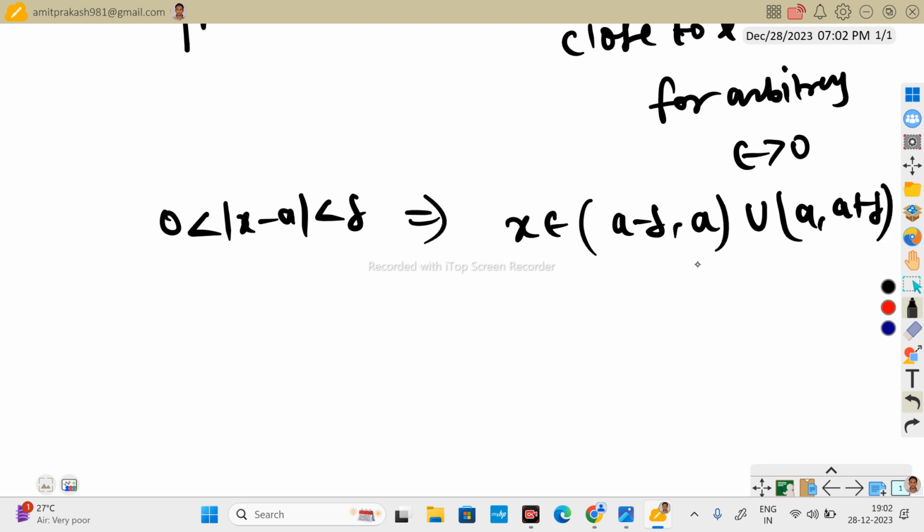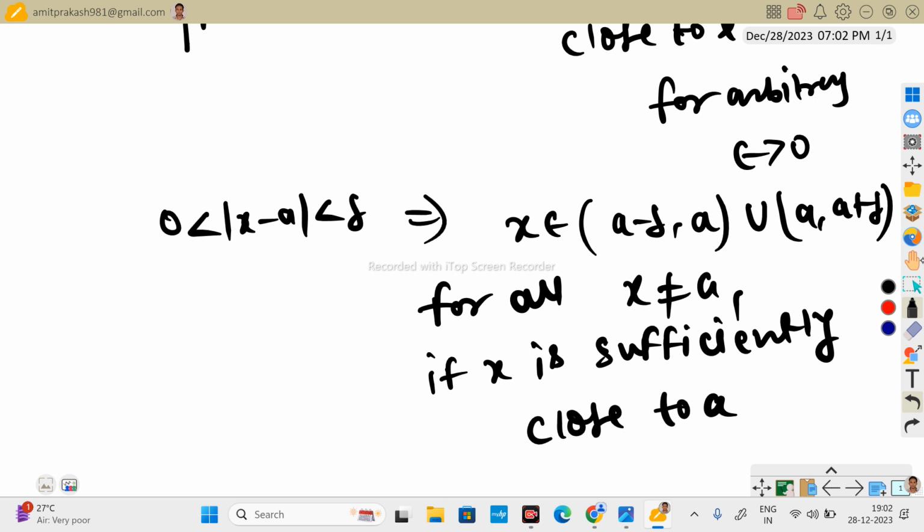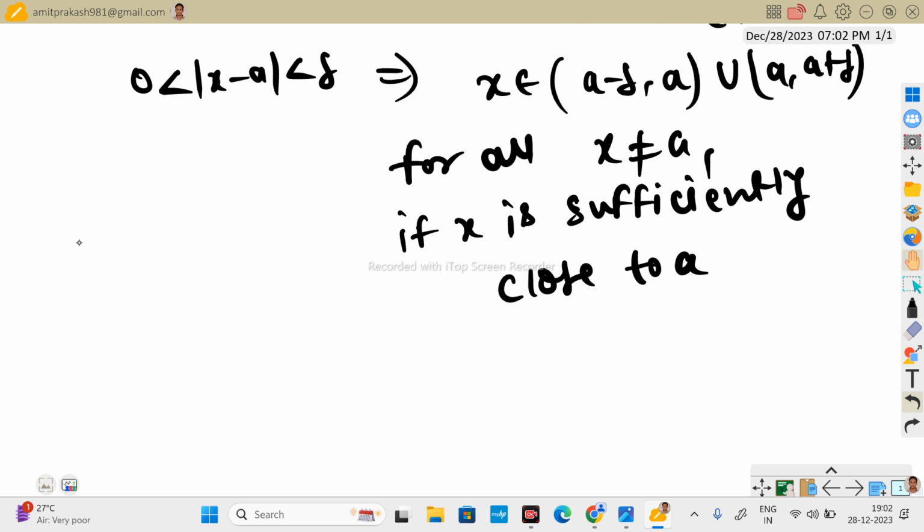So x lies in the deleted neighborhood of a, which means that for all x not equal to a, x is sufficiently close to a, for some delta greater than 0.